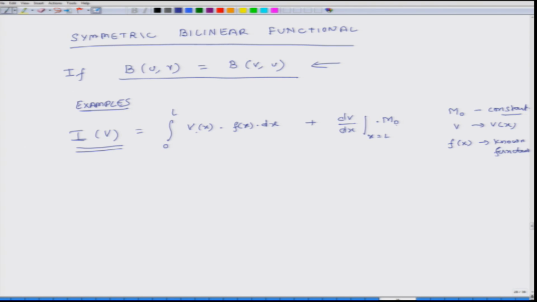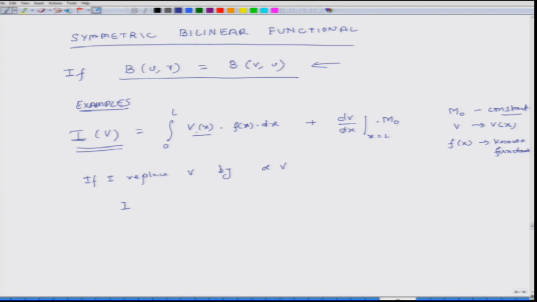And m naught is also a constant. Now, if I replace V by alpha times V, what will I get?